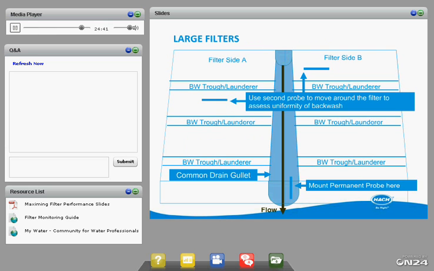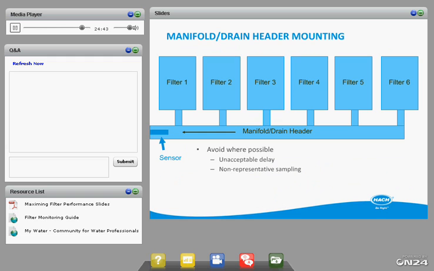We know that some operators will be tempted to use a single sensor across many filters, and as we mentioned just a few moments ago, it's important to realize that there are some limitations with this. By expanding the amount of time between the runoff from the filter, from the backwash effluent, and where it's hitting the sensor, then there's going to be a reduced amount of effectiveness of being able to optimize one's filter.